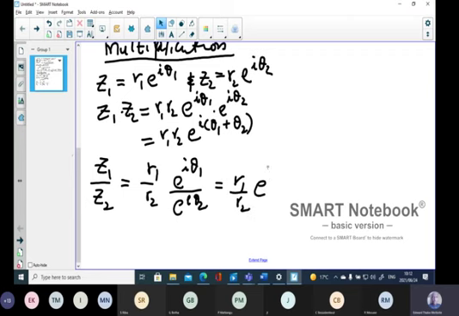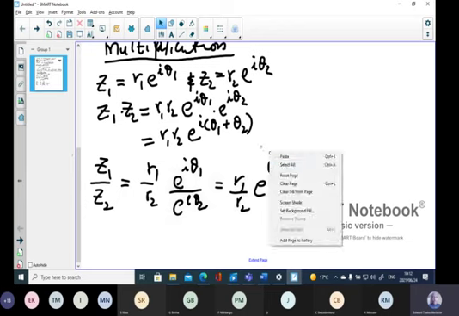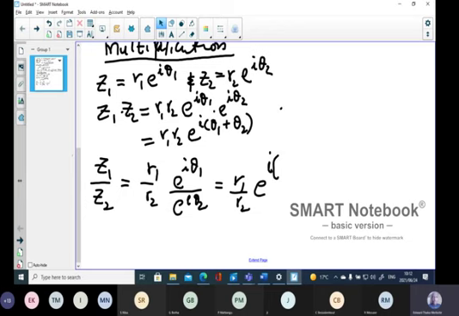The base is the same, so it's I. We take I out as a common factor. We have theta 1 minus theta 2. So this will give us the division. So we're on page 5.